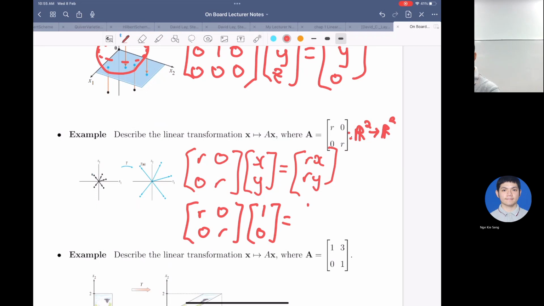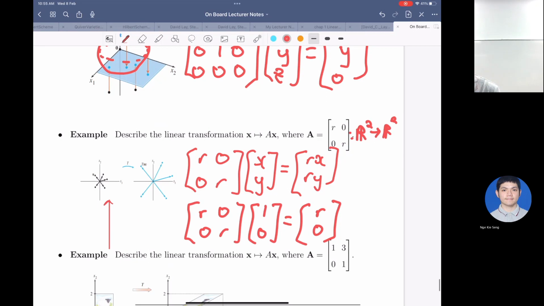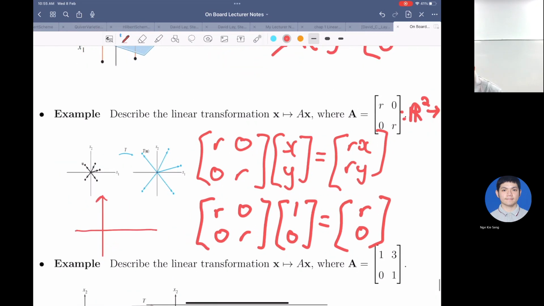(1, 0) becomes (r, 0). Initially it is at (1, 0), and it gets sent to (r, 0). Depending on r, let's say r is greater than 1. Let me redraw, I drew something wrong. Let me make it bigger. When it is (1, 0), it is here.